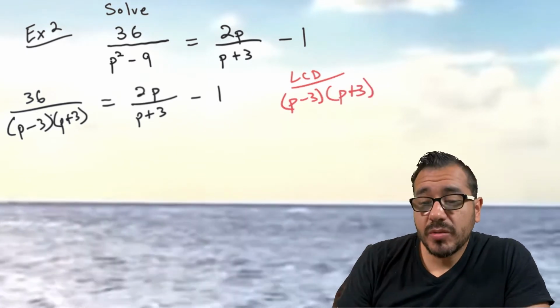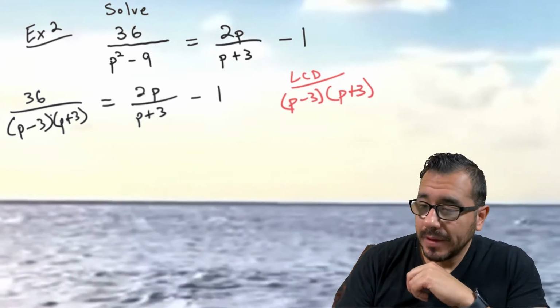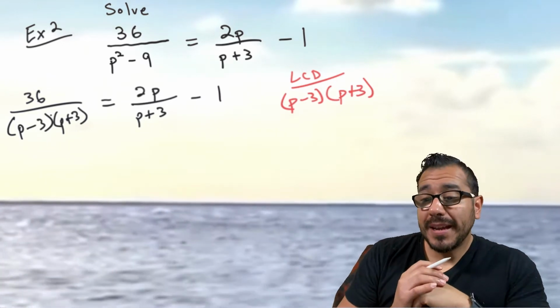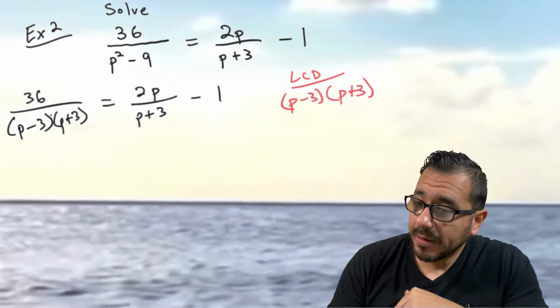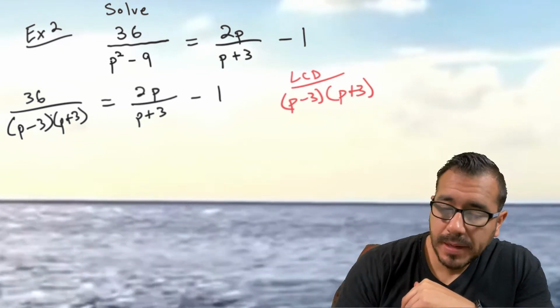And what we're going to do is multiply everything, right? Every single thing, boom, boom, boom, by p minus 3 and p plus 3. All right, so let's go ahead and do that. So we got a p, that's not a pen, that's an imposter.